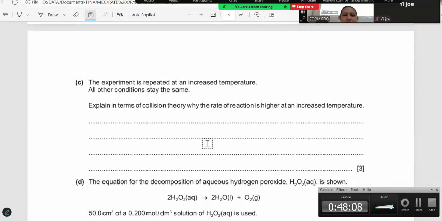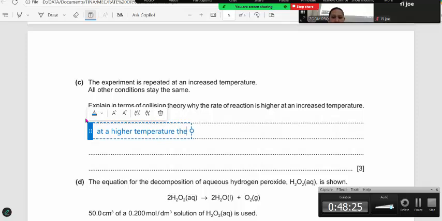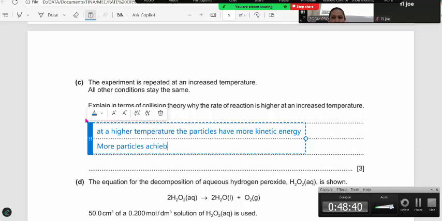The experiment is repeated at an increased temperature. All the other conditions are the same. Explain in terms of collision theory why the rate of reaction is higher at an increased temperature. I told you just now already. At a higher temperature, what is the first mark? The particles have more kinetic energy. Then more particles achieve activation energy.